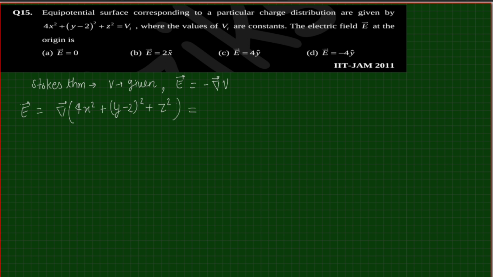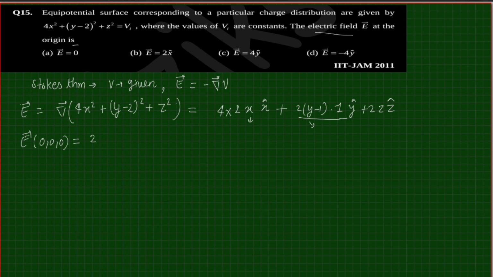So taking the gradient of it, that will be 4 into 2x, 4 into x cap, plus 2 into (y minus 1) into 1 y cap, plus 2z k cap. The electric field at the origin is asked, so the x term will become 0, and only the y term will survive.